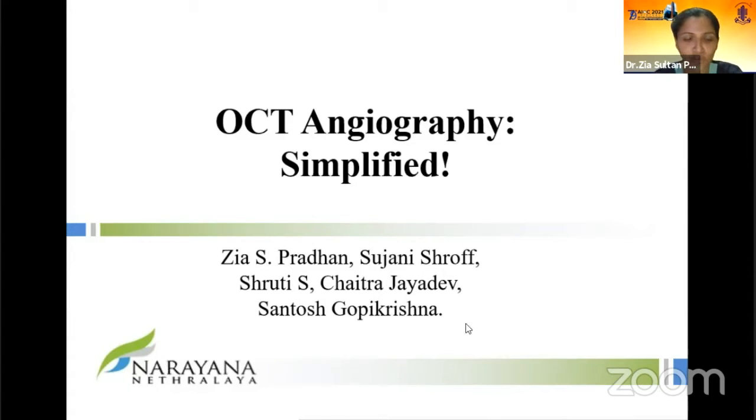Is the slide not moving forward? No, it's not. Can you check it once again? Can you disconnect it and connect it again? Reshare it. Yeah.